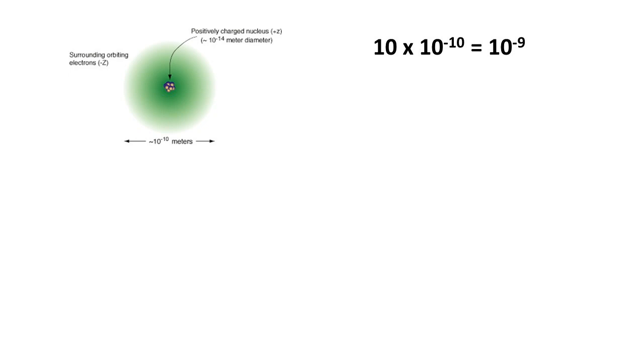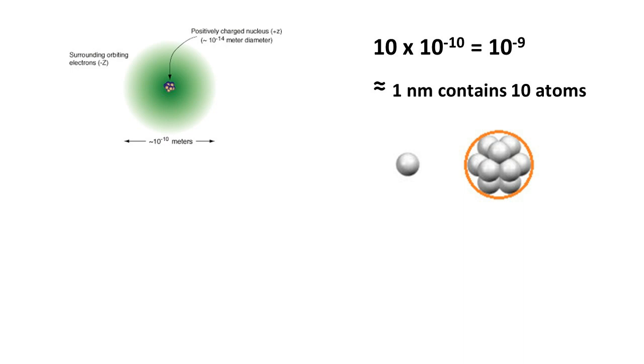And this is 10 times smaller than a nanometer. This means that normally 10 atoms can be present in 1 nanometer. So we can say that 1 nanometer contains 10 atoms. 10 nanometer contains 100 atoms. And similarly, we can go on adding up.